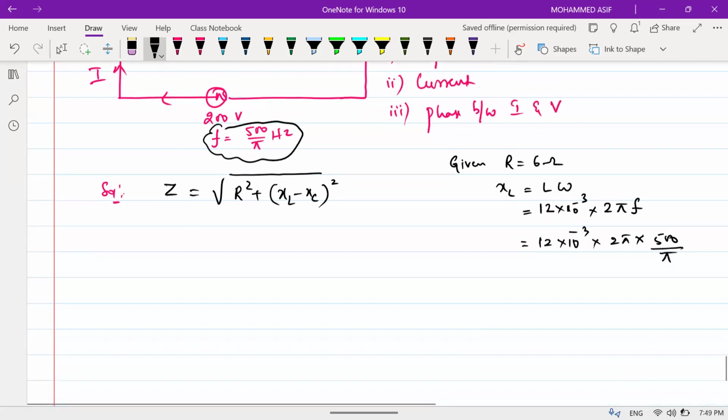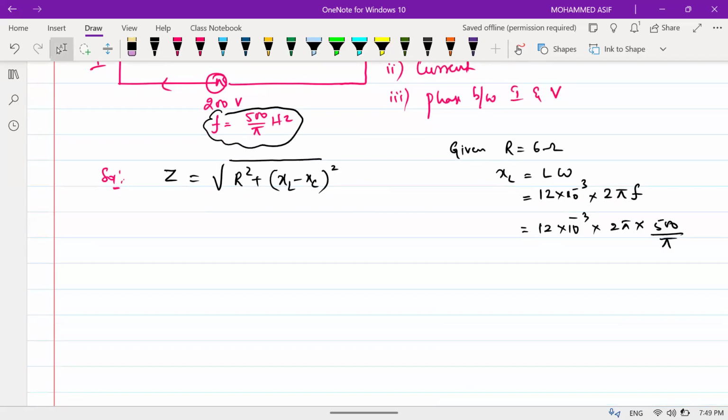So let's see how much we get for XL. This pi will get cancelled. Two fives are 10, so 10 power minus 3 times 10 squared, and this will get cancelled. So it will be equal to 12.